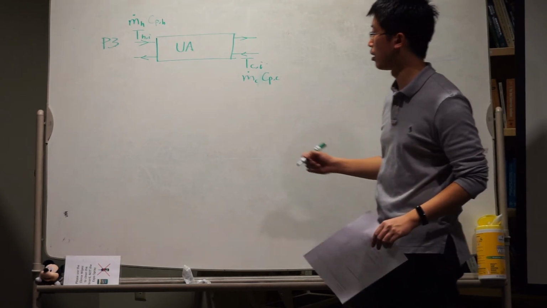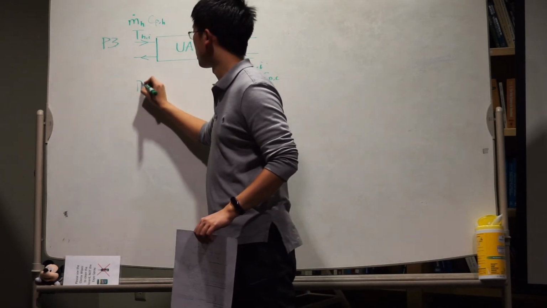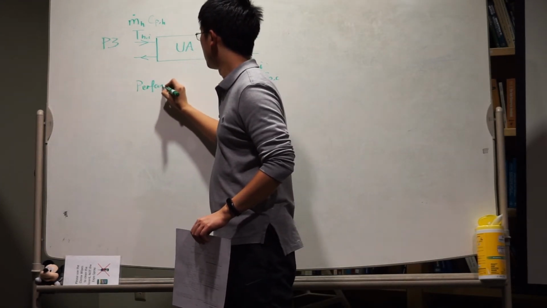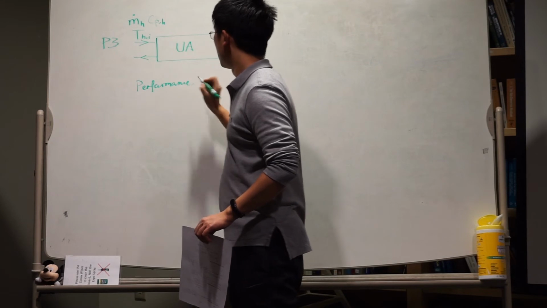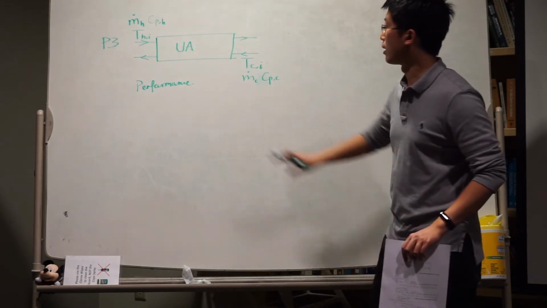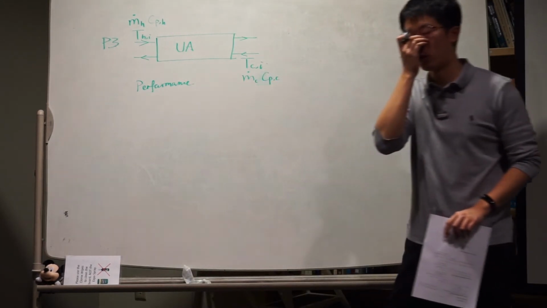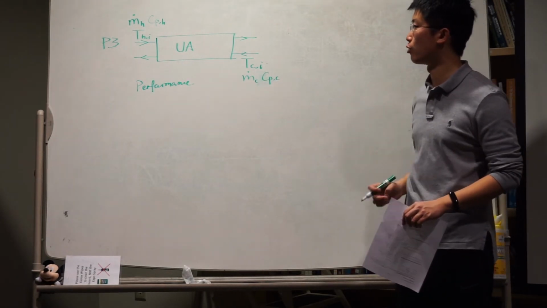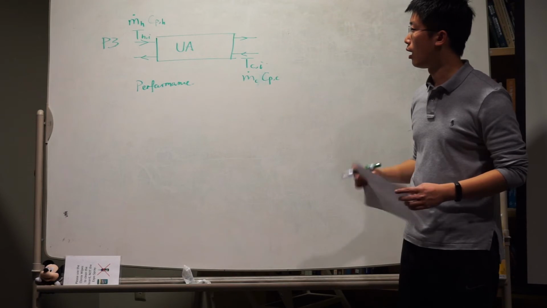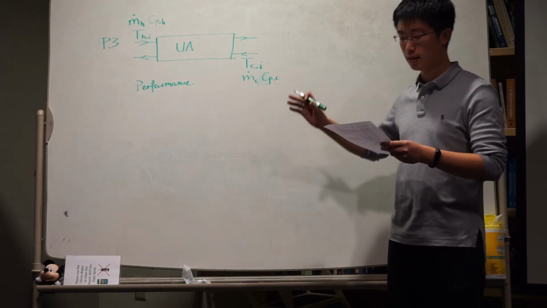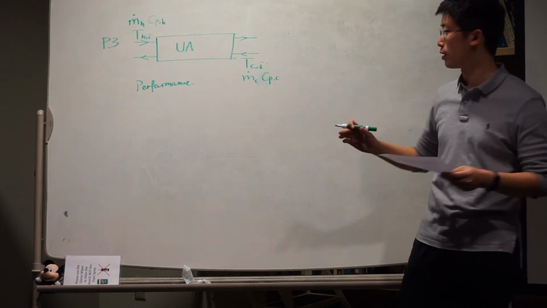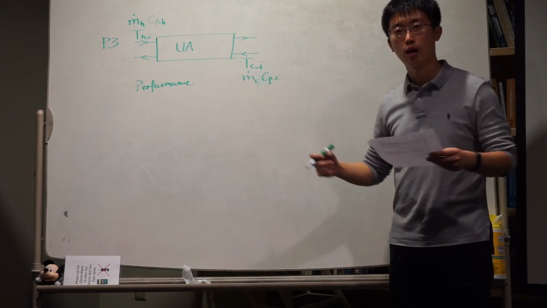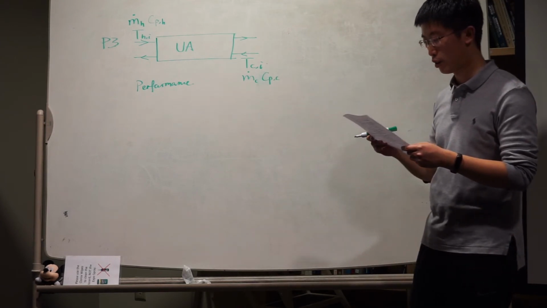We call this kind of problem a performance problem, right? That is saying we already designed the heat exchanger, and we want to know how well it performs. In this case, it's a concentric tube, but we just know it's a counterflow heat exchanger.